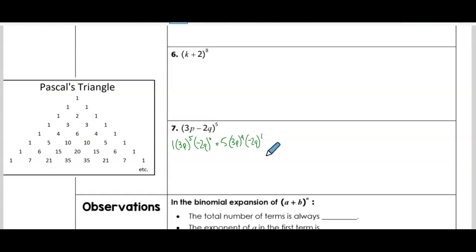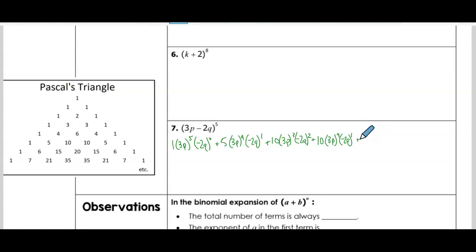All right, pause here, try to write out the rest of it, and see if you match up. Okay, we should have a 10, 3p to the 3rd, negative 2q to the 2nd. It's another 10, 3p to the 4th, negative 2q to the 1st.